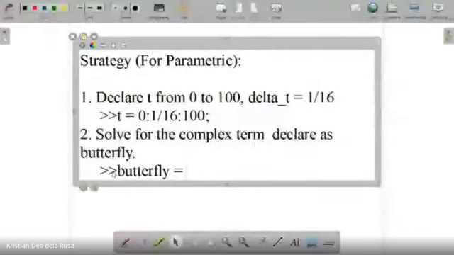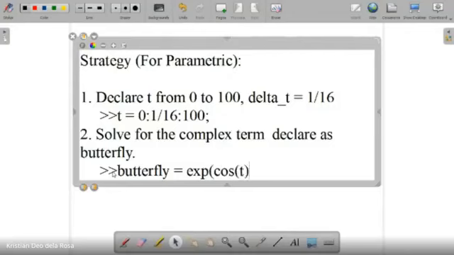equal to, so pwede na natin dito i-type. Okay? I think, ito experimental lang to. So, exponent raised to the cosine of t.